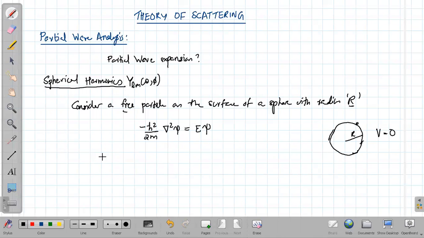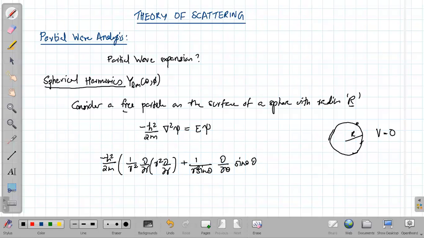If you expand the del squared, I can write minus h bar squared by 2m times del squared in the spherical coordinate system: 1 upon r squared dou by dou r of r squared dou by dou r, plus 1 upon r squared sin theta dou by dou theta of sin theta dou upon dou theta, plus 1 upon r squared sin squared theta dou squared by dou phi squared, acting on psi equals E psi.